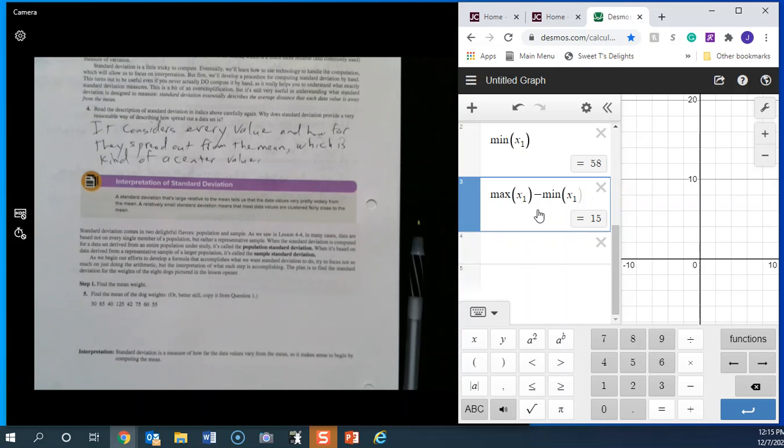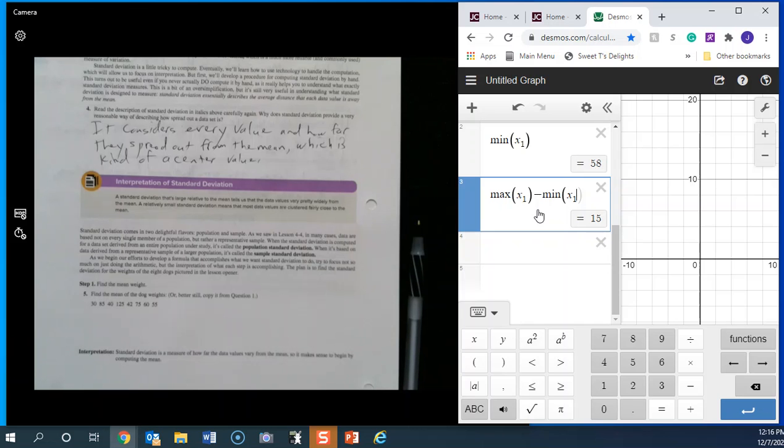When the standard deviation is computed for a data set derived from an entire population under study, it's called the population standard deviation. When it's based on data derived from a representative sample of a larger population, it's called the sample standard deviation.